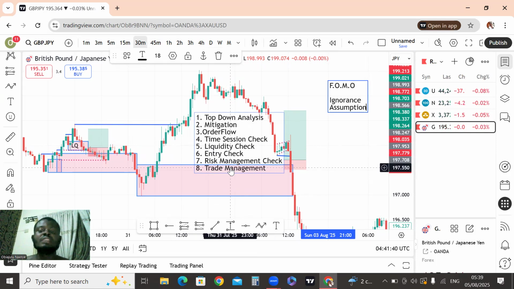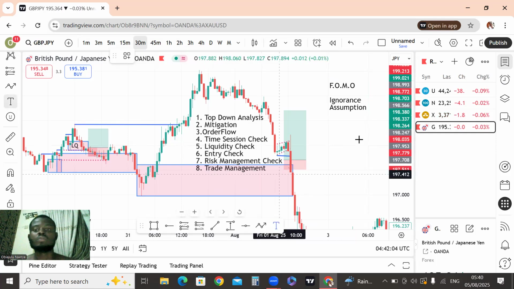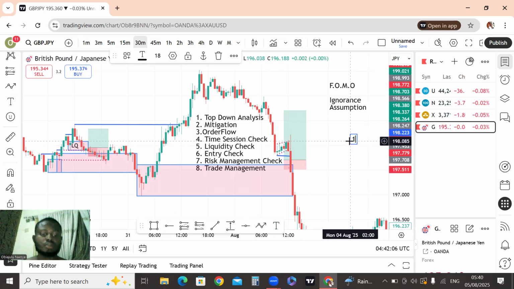If I can follow my trading plan on this, everything I need to see, liquidity check, entry check, trade management, I'm not the type that over risks. In fact, last month I took a total of 14 trades, guys.